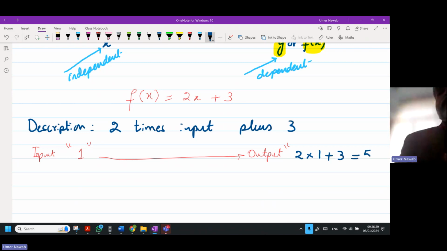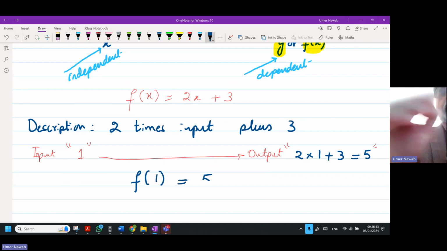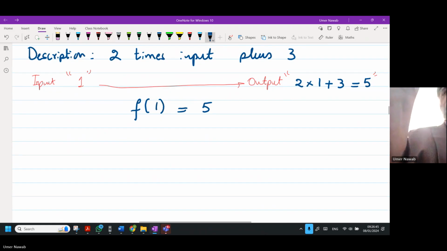My answer comes to 5. So 5 is my output. And how do I write it? f of 1 is equal to 5. 1 is my input and 5 is my output. Is it clear?